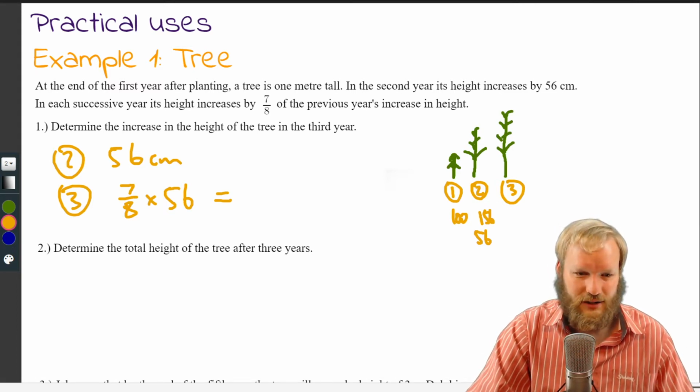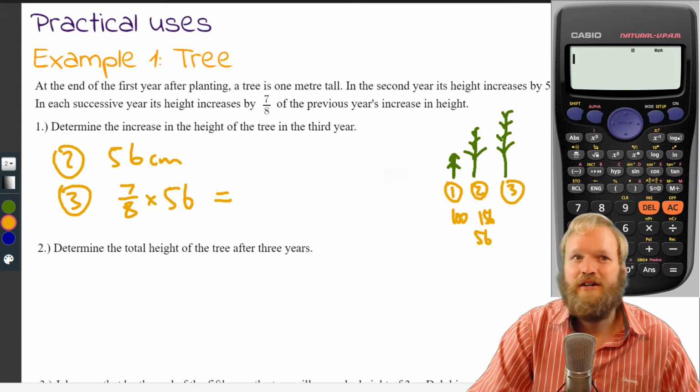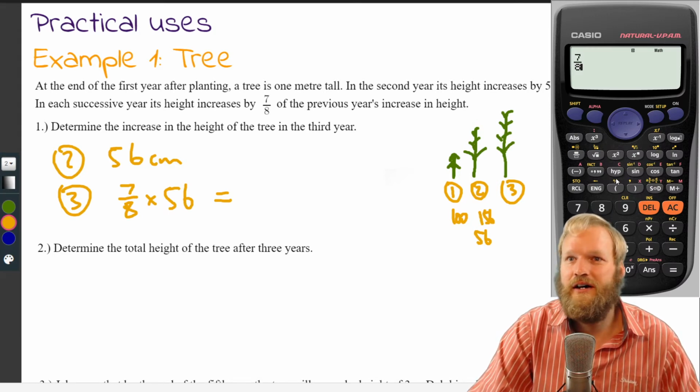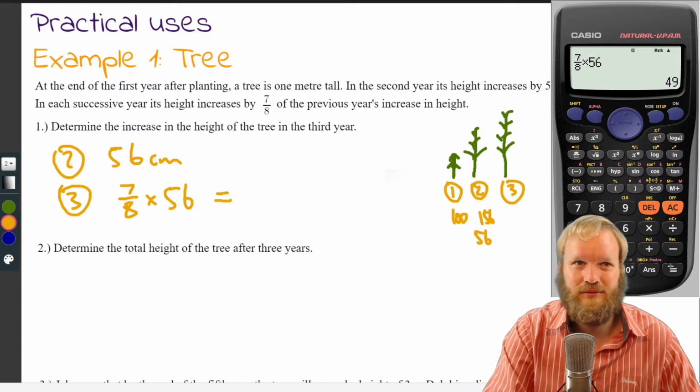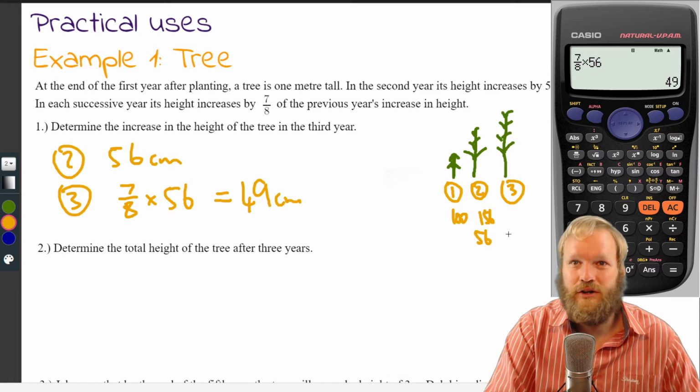Always nice to have our calculator ready to go. And our calculator says that 7/8 of 56 gives you 49, right? Because it goes in there 7 times. So 49. So in other words, that's the increase here.